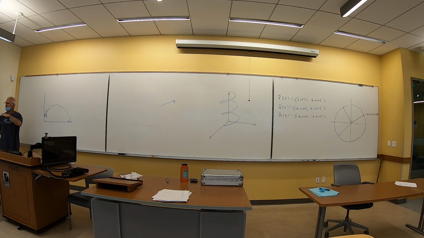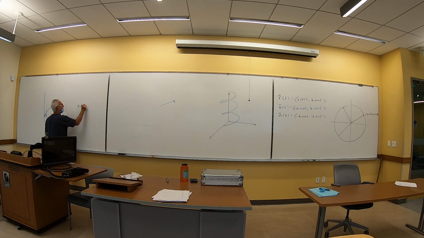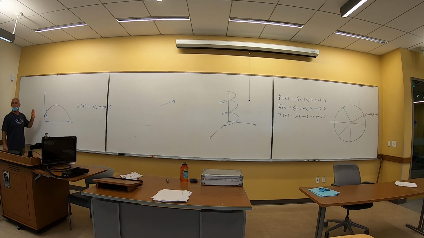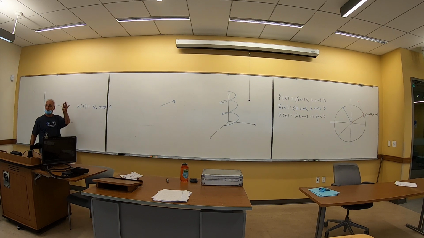I think it's SOHCAHTOA: cosine theta. So it's going to be V0 times cos theta, times t. Why t? Because V0 is distance per time, and then I have to multiply it by how long. So when time is 0, I haven't moved horizontally yet, but after 1 second, 2 seconds, 3 seconds, and so on.